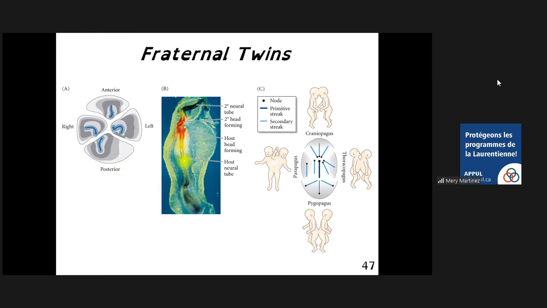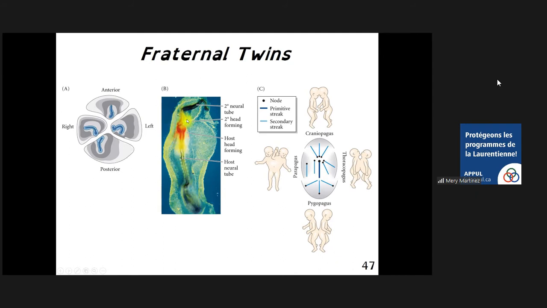In figure B, we observe what happens if there is a tear in the marginal zone, which normally, remember, expresses nodal. So we're going to have a second axis that's going to form. Here we have the second neural tube, and this is the second head forming, and this is the first one, the original.